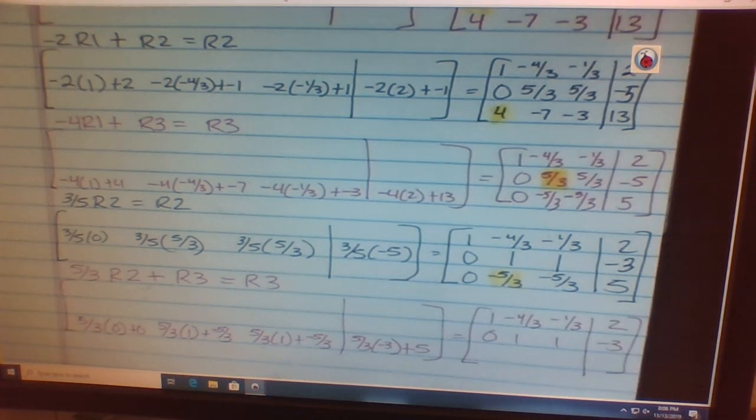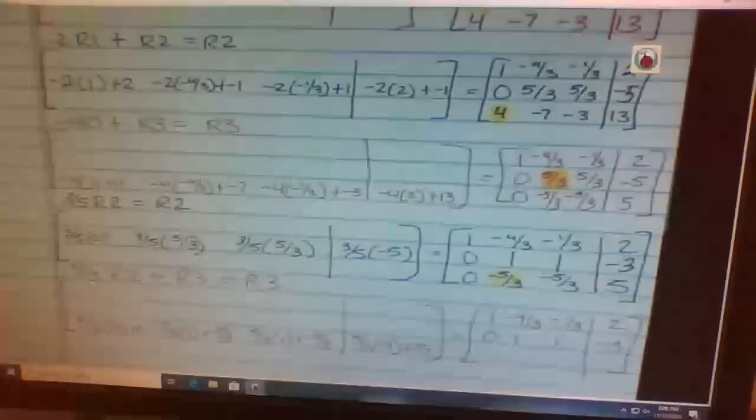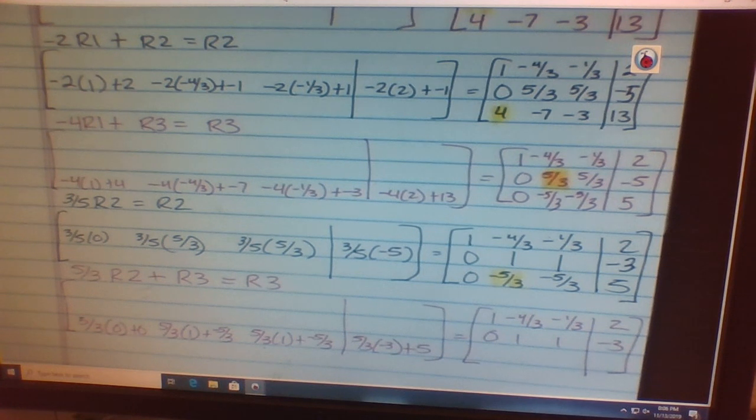Use those fingers and those calculators. Type in those numbers. What are we getting?